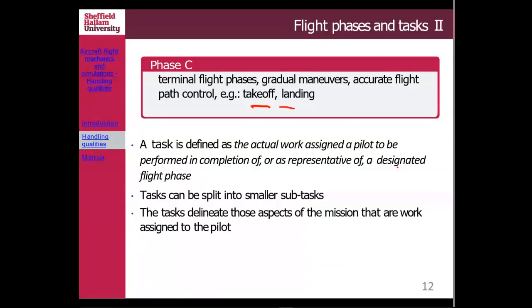Later on, you will notice when you do your flight sim assignment, the task is very simple. It's not like asking you to do a landing and takeoff, because I've seen your assignments already, you do, for example, turn hold or pitch hold, bank hold, which I mentioned earlier, which is a very simple task.